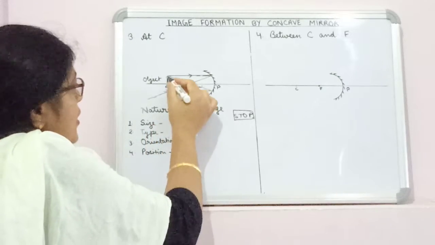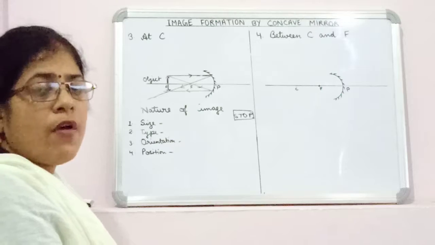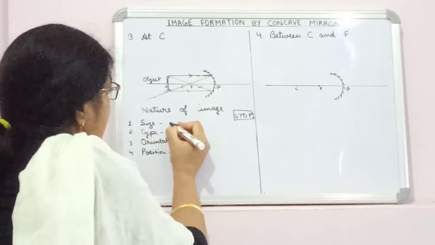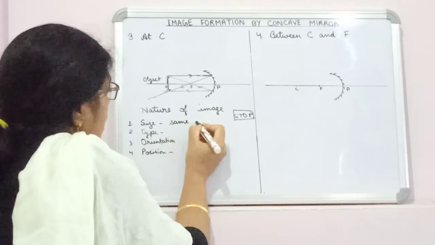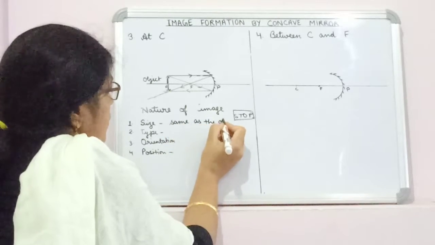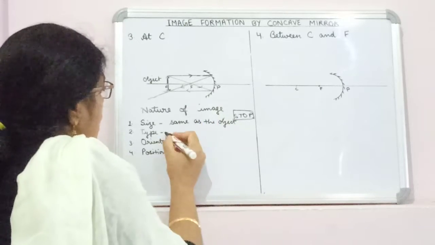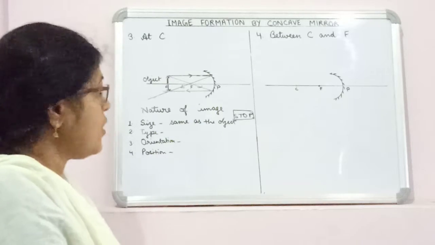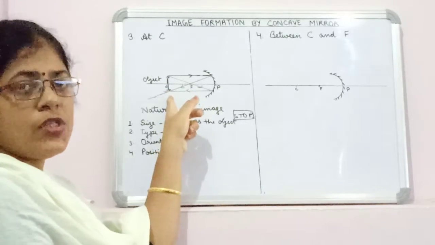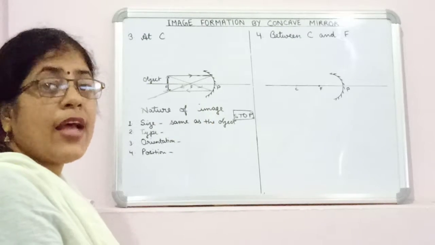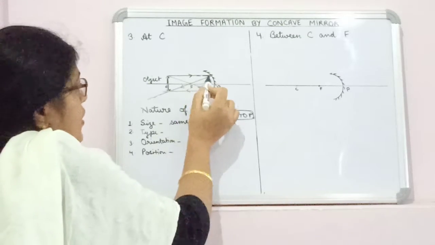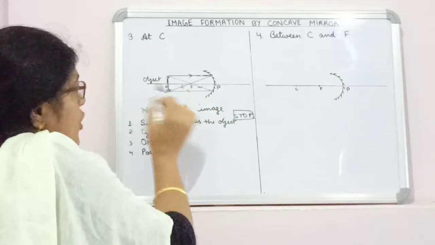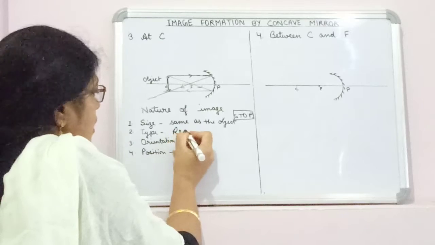So see, the size is the same as the object when the object is kept at the center of curvature. Type: whether it is a real image or a virtual image. Because the image in this case is formed by the actual intersection of the reflected rays, you can see the first and the second reflected ray, the actual intersection is taking place. So it is a real image.